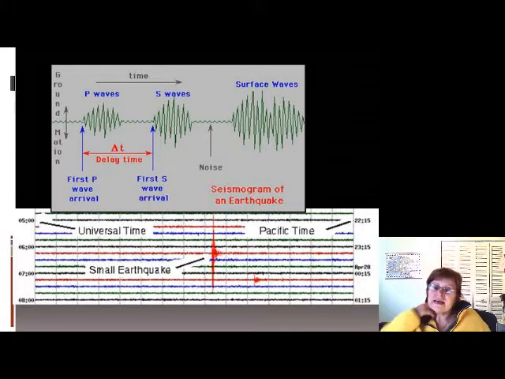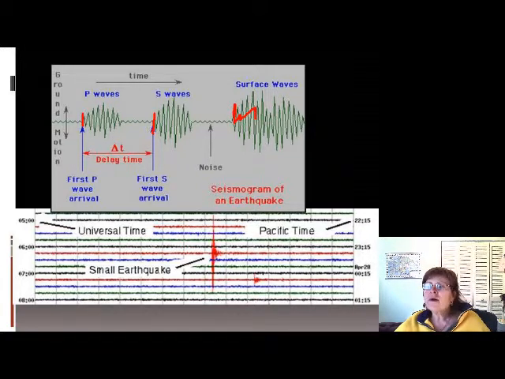Now, what is really interesting is that this shows you a 24-hour record of a seismograph. If there is an earthquake, the first to come in is the P wave. The second one is the S wave, and then the surface waves.